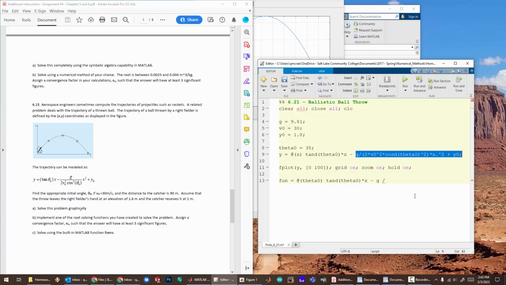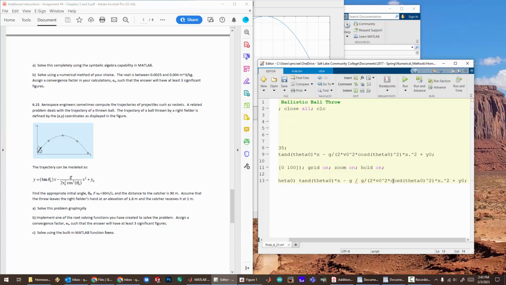Let's make life easier. Oops, copied a little too much. Okay, so g over all that, but then minus y, right? Because we're going to take this y and put it on this side of the equation, so minus y.